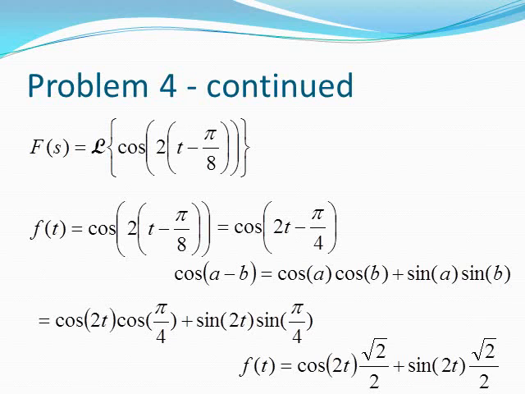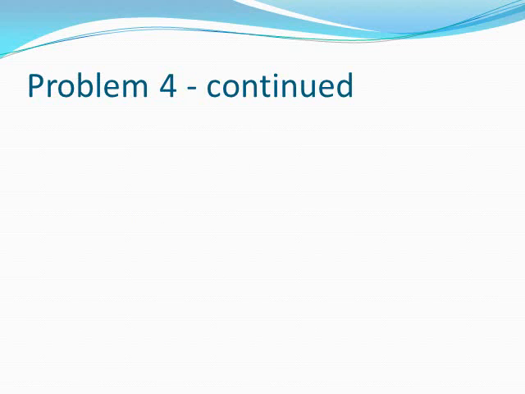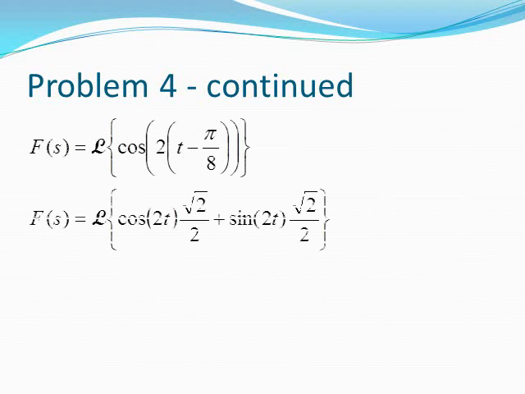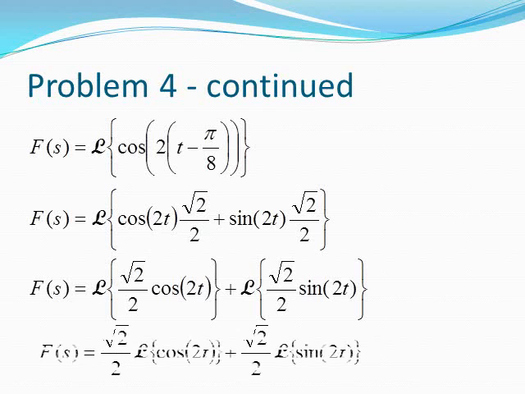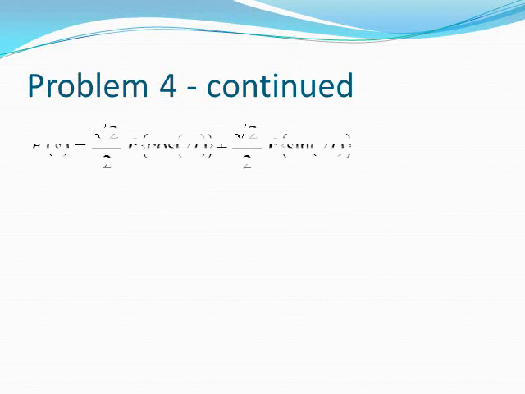So now I can take the Laplace transform of this version of f of t. These are equivalent. So let's take the Laplace transform. I can distribute it across the sums, and then I can factor out the constants. Now all I have to do is take the Laplace transform of cosine of 2t and sine of 2t, and those exist in our tables.